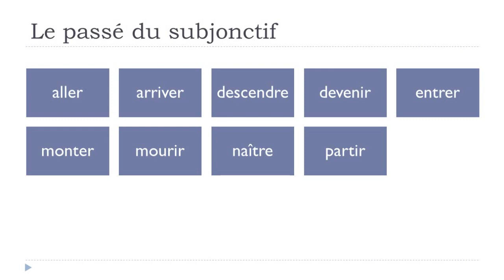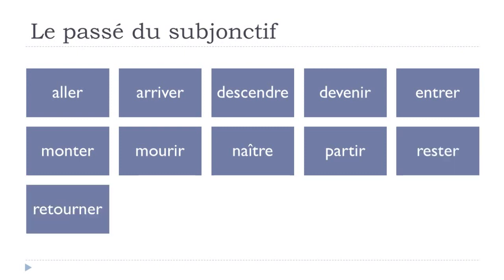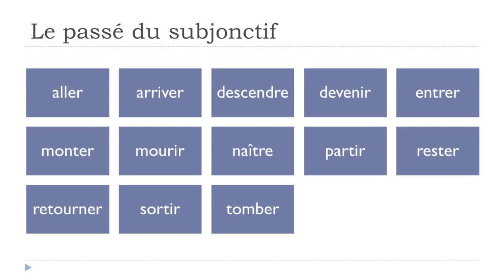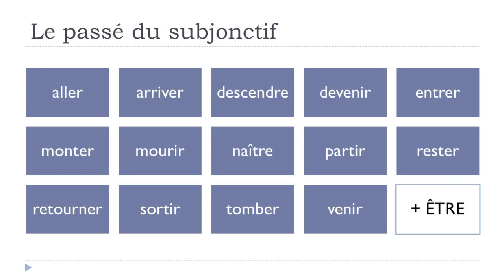Partir, to leave. Rester, to stay. Retourner, to return. Sortir, to go out. Tomber, to fall. Venir, to come. All these verbs will be requiring être at this passé du subjonctif.